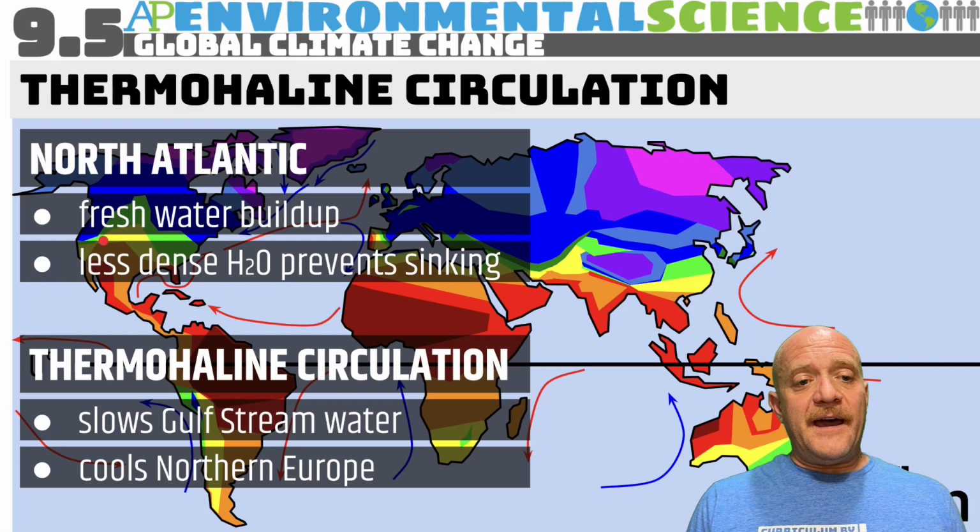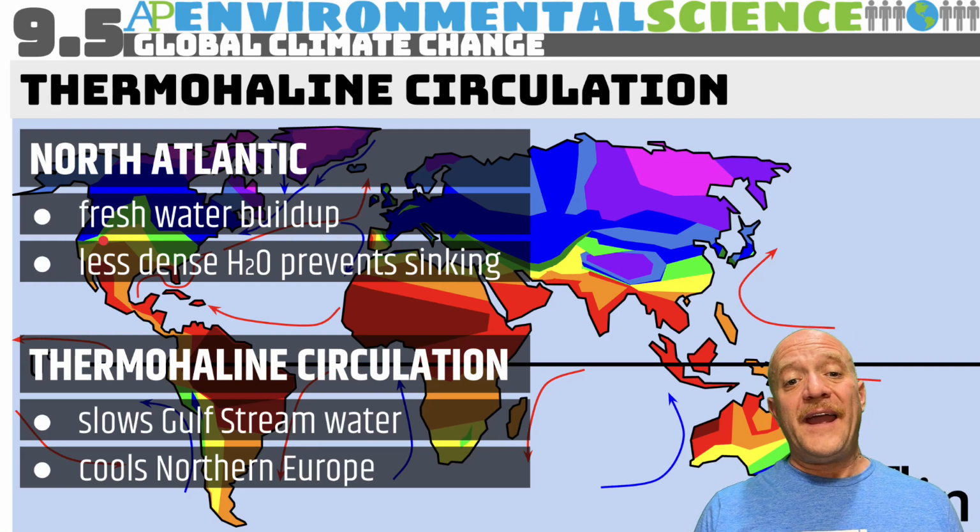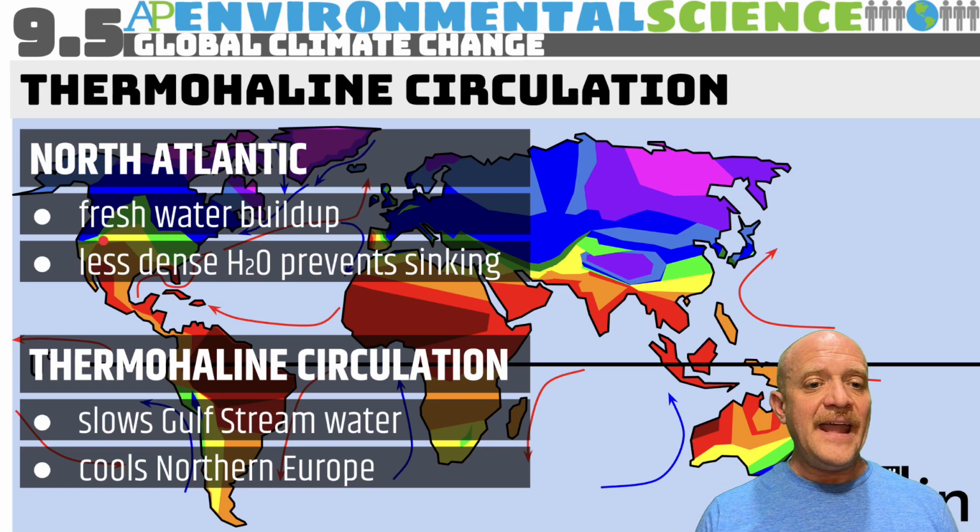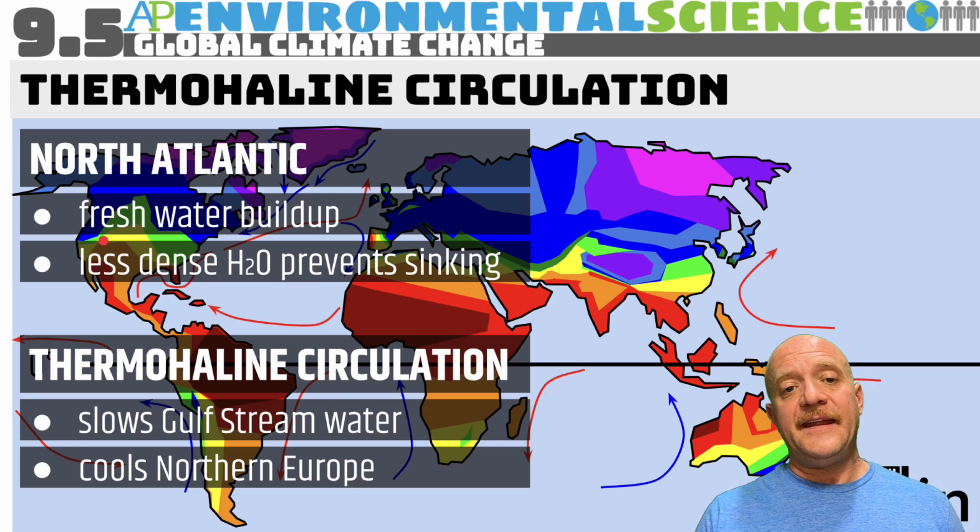So we also have issues with the thermohaline circulation. We'll talk more about this in the next video, but thermohaline circulation is the movement of water currents in the ocean. And in the North Atlantic, the water coming from Greenland is melting, and it is causing a buildup of fresh water.